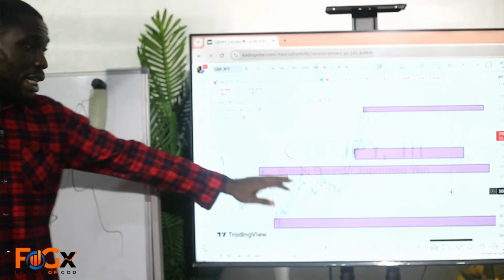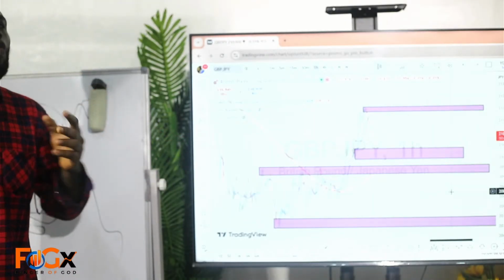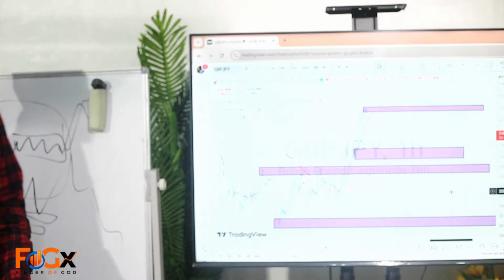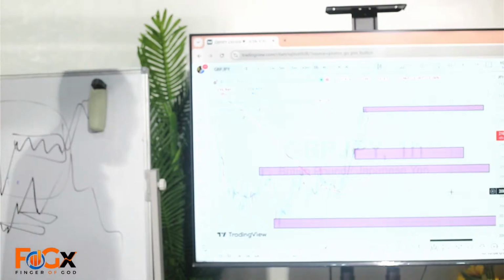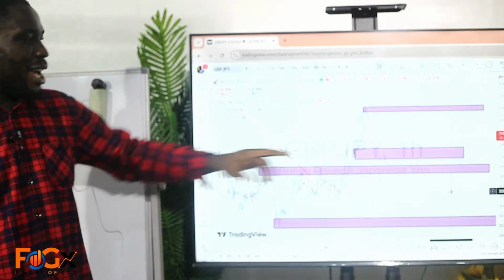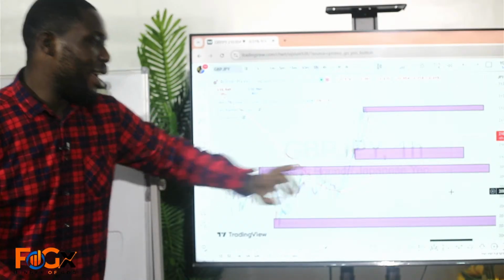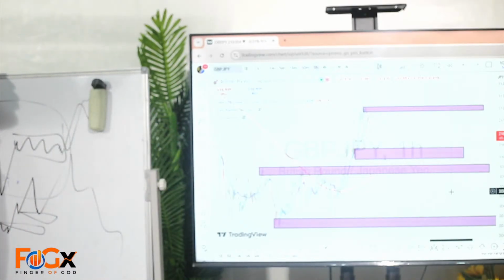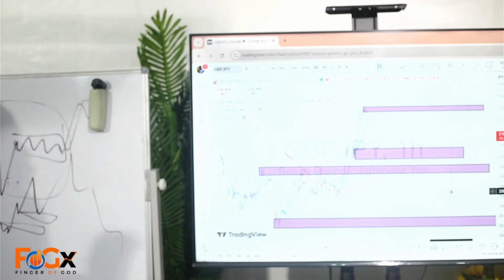Because what I'm doing here is what should play in your head when you are trading. You will see like 5 zones, and you'll be like, the price can come back here. The price can come back here. But now I'm putting it to you: in here and here, which will you pick, Farouk? Whether a sell or a buy, pick your entry and pick which of those zones you will use.